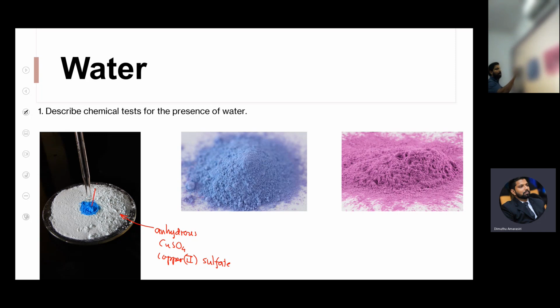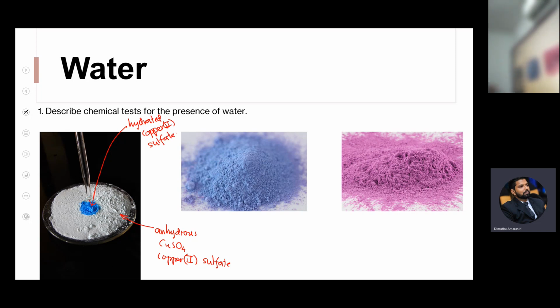So this is hydrated copper 2 sulfate. Now, when copper 2 sulfate is used to test water, this is the color change, white to blue.